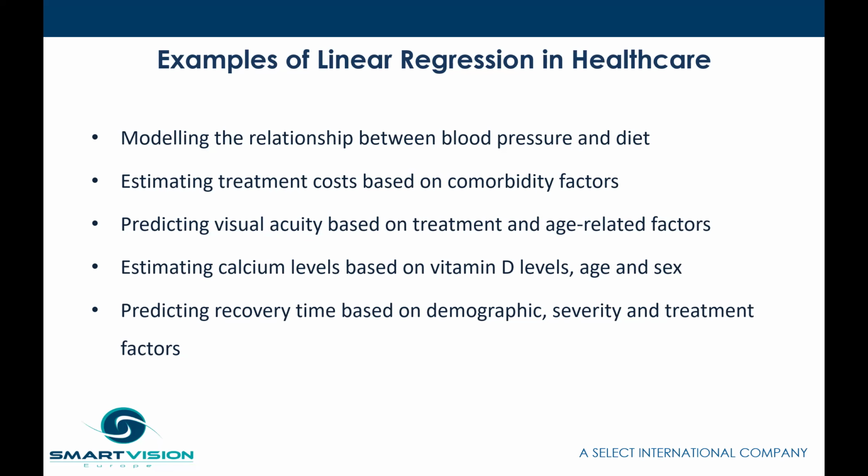It could be a numerical outcome, like a monetary outcome, like costs based upon comorbidity, for example, or predicting some sort of physical attribute like visual acuity based upon the treatment that people have had or their age-related factors, or estimating some sort of mineral or vitamin levels, such as calcium levels based on vitamin D levels, or age and sex, or mixing in demographic fields, or predicting something like recovery time or length of stay based upon demographics, severity of illness and treatment factors.